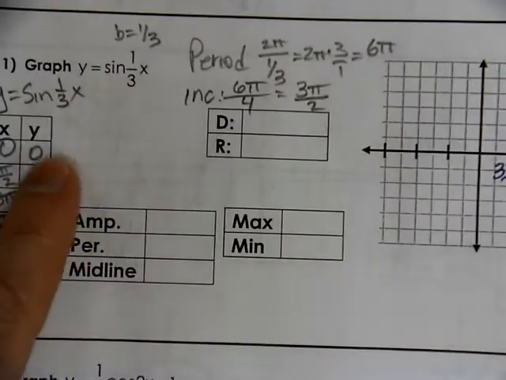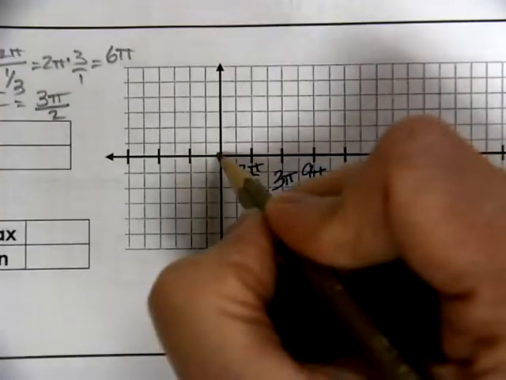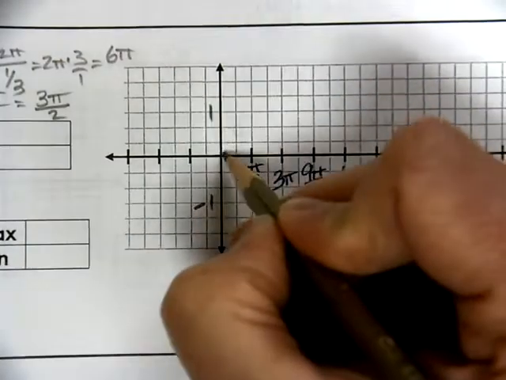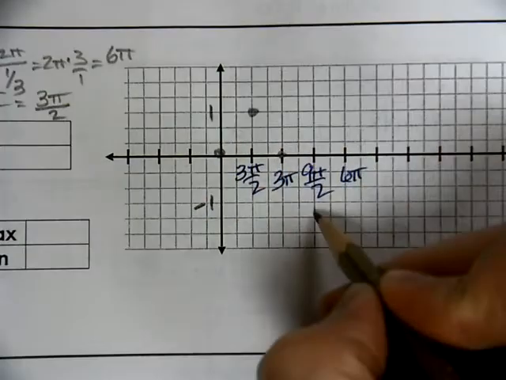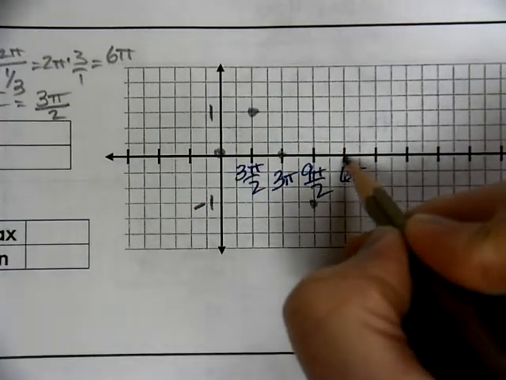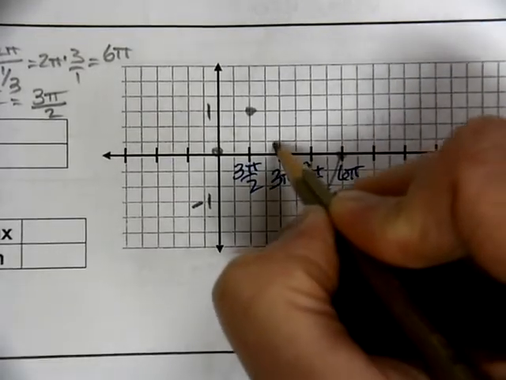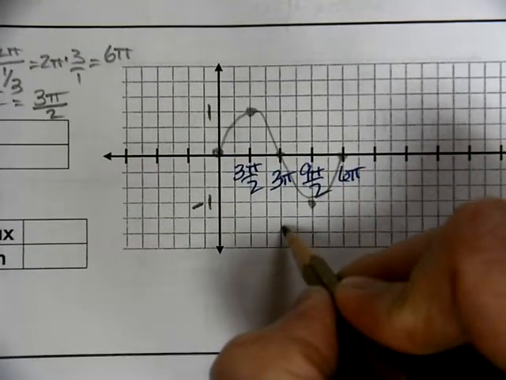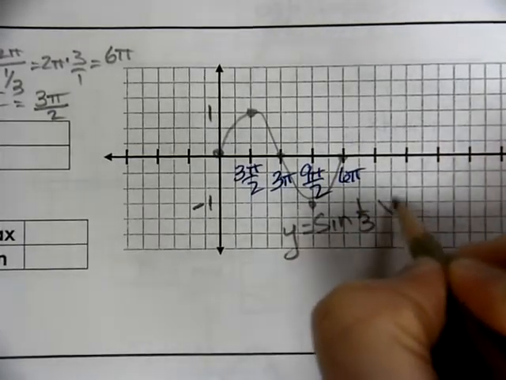We're going to start at 0, then go to 1, 0, negative 1, and 0. Let's call this 1 this time and call this negative 1. So that's the equation y equals sine of 1/3 x.